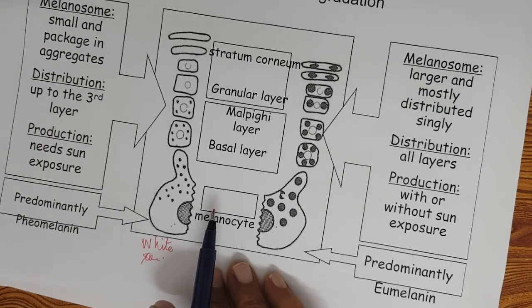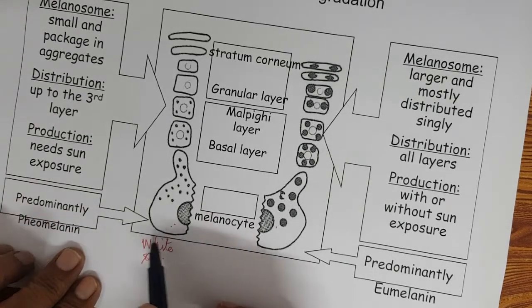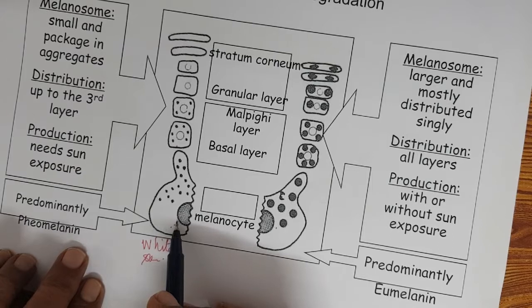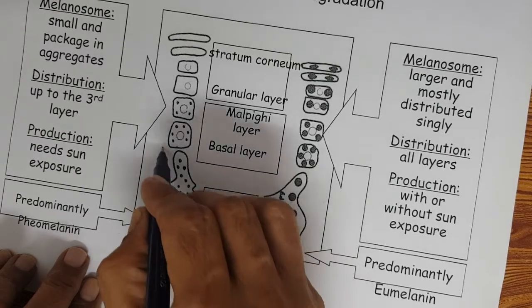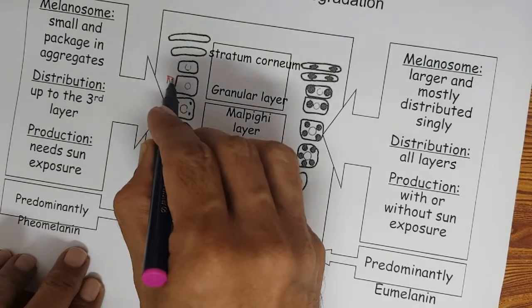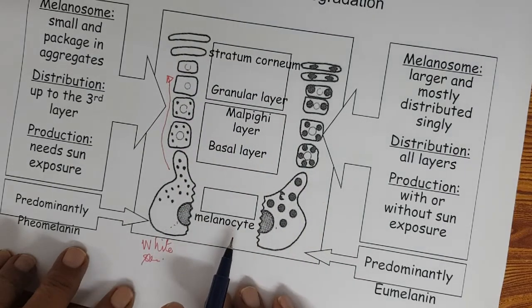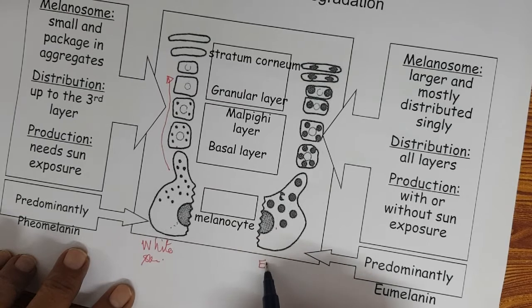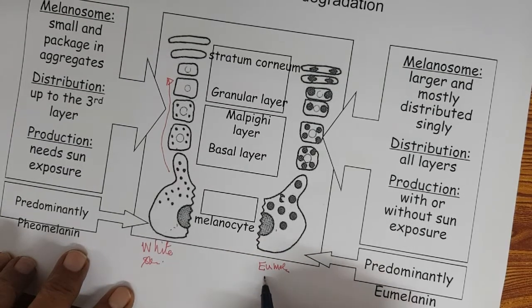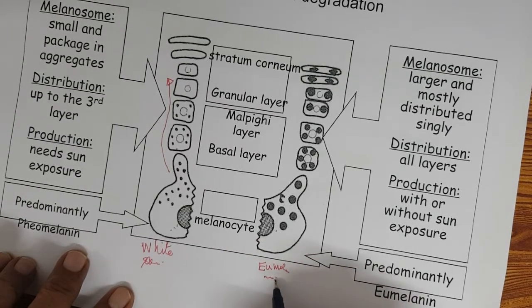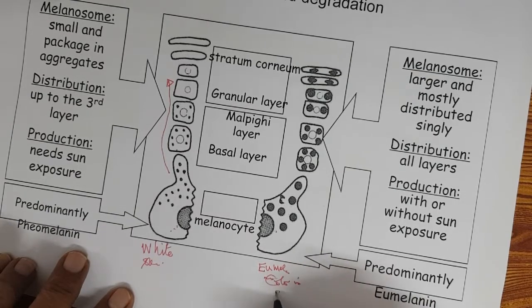It's a dynamic thing. New cells are formed, the old cells are pushed out, right? In white skin, this pheomelanin is not very stable. Even before it comes to the upper layer of the skin, it gets degraded, right? But eumelanin's color is strong.